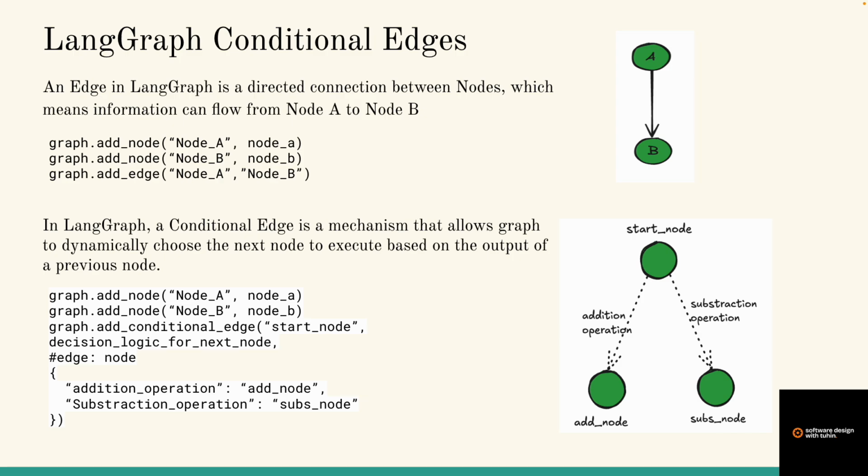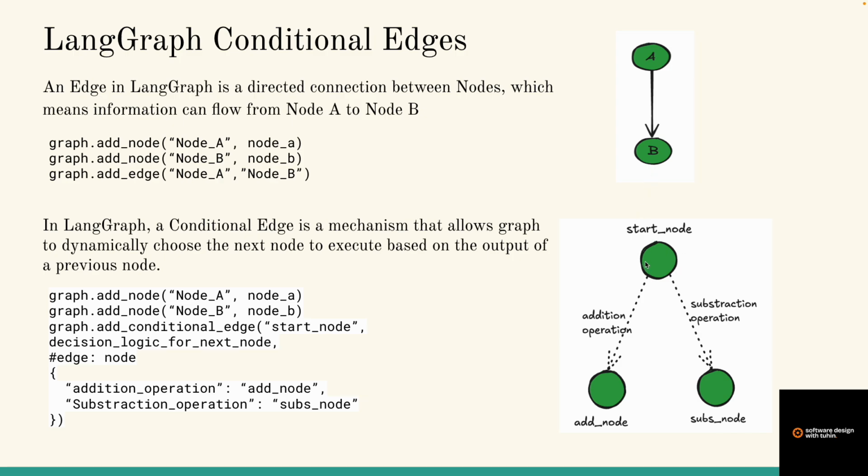Now LangGraph has a very interesting concept, the conditional edge. In LangGraph, a conditional edge is a mechanism that allows a graph to dynamically choose the next node at runtime based on the output of a previous node.